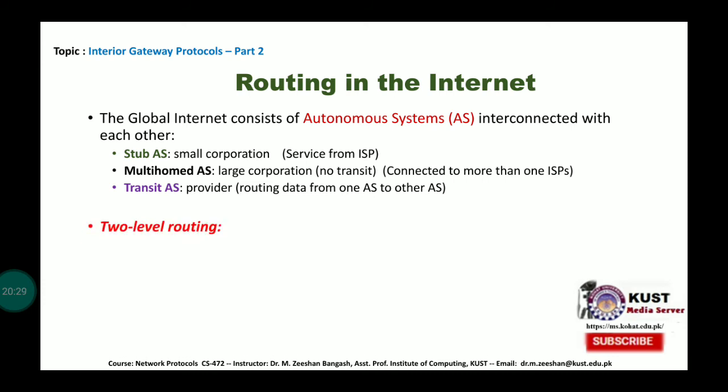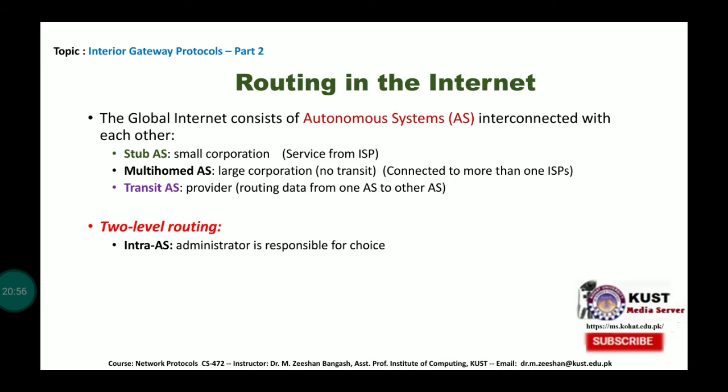Now there are two levels of routing. We already discussed that the routing is either intra-autonomous system routing or inter-autonomous system routing. So we can categorize it into two levels. One is the intra-autonomous system routing, and here the administrator is responsible for the choice.